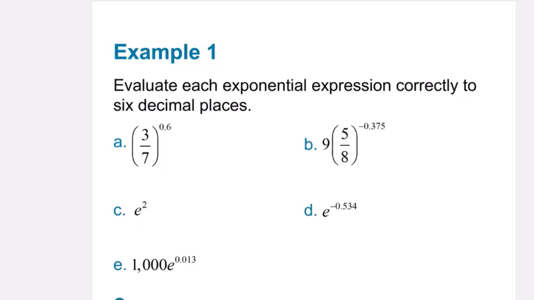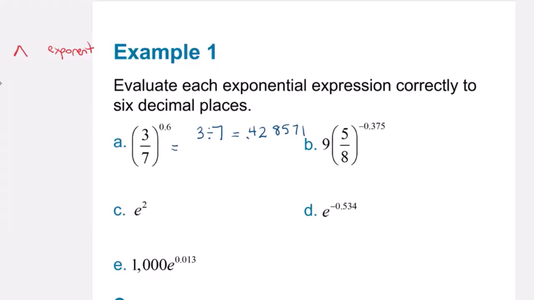Now we want to evaluate these exponential functions. There's no way to do these without a calculator. 3 divided by 7, and then I would hit the equal sign. This is equal to 0.4288571. Now, it just depends on your calculator. Some calculators have this symbol, that means exponent.